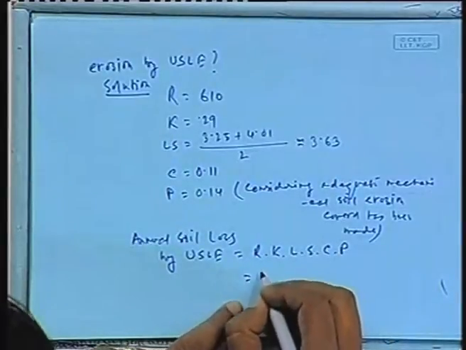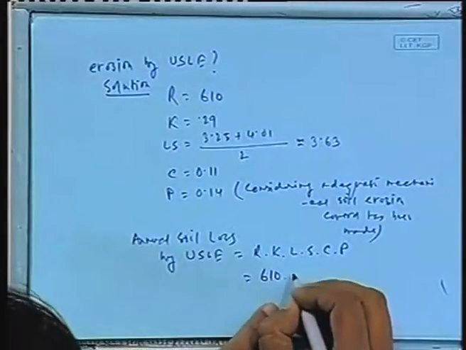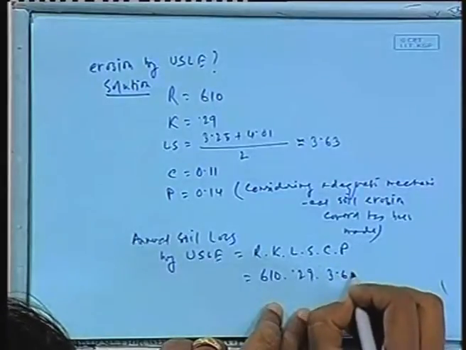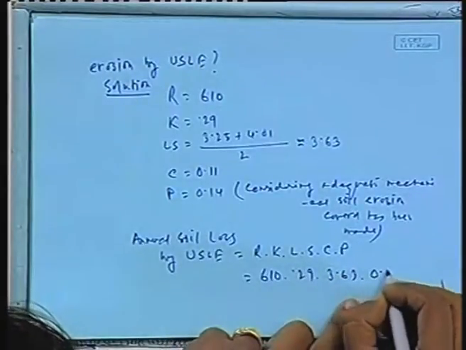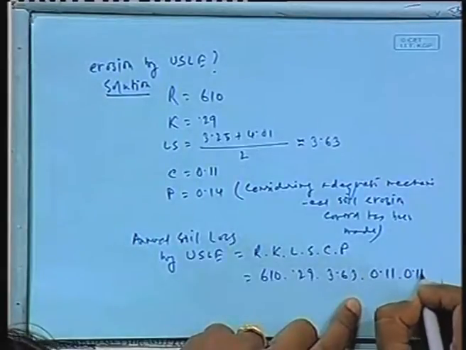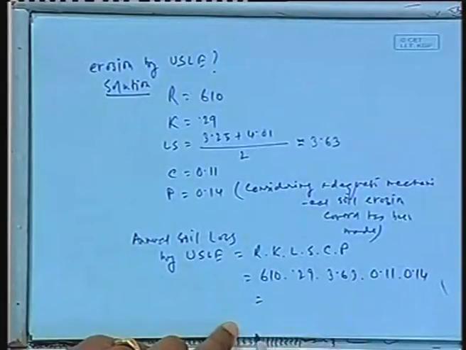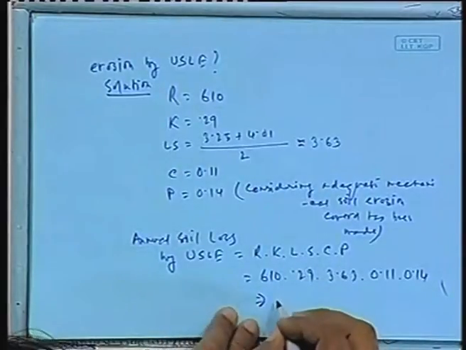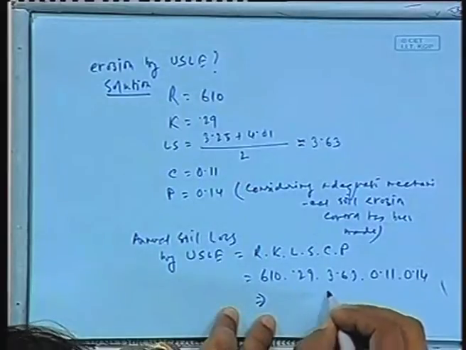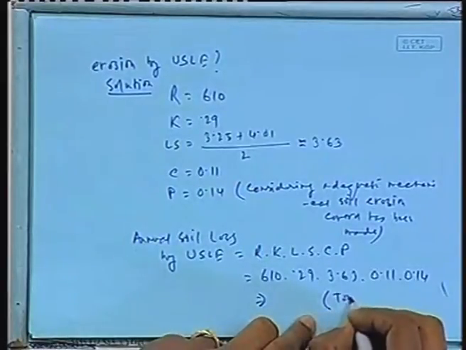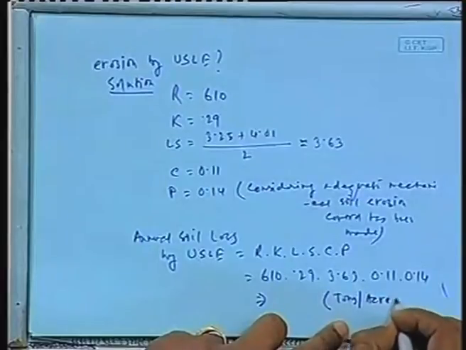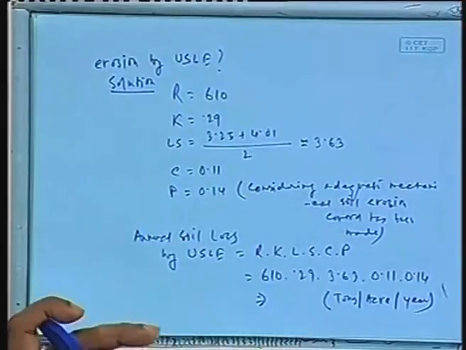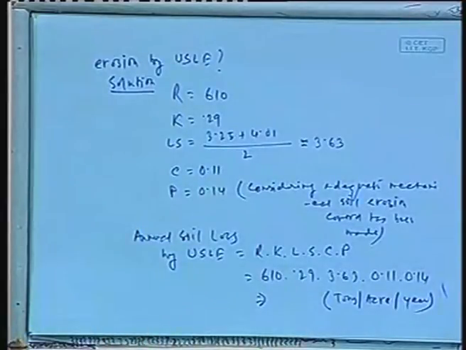R is 610, K we can find is 0.29, LS is 3.63, multiplied by 0.11 into 0.14. So this is the value that we get, in terms of tons per acre per year. We can calculate the annual soil loss.